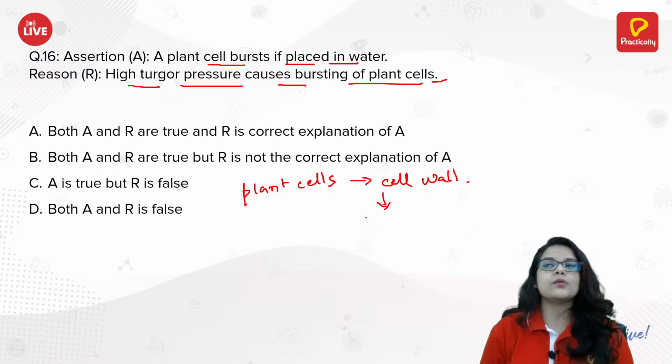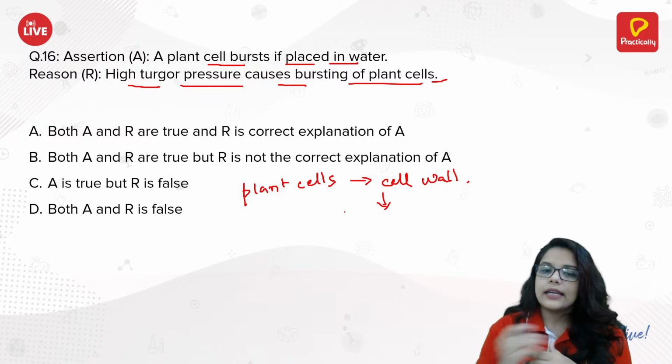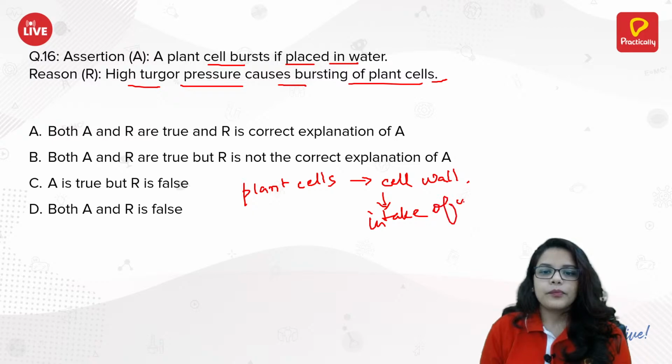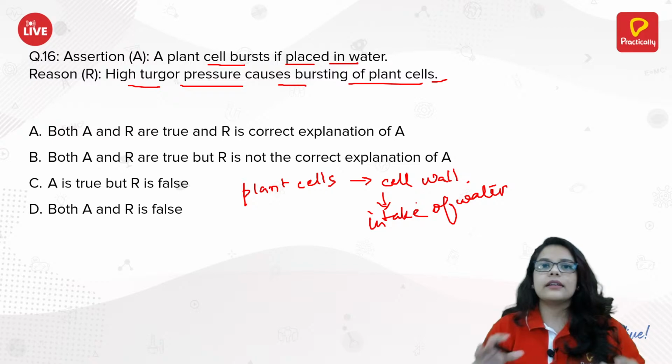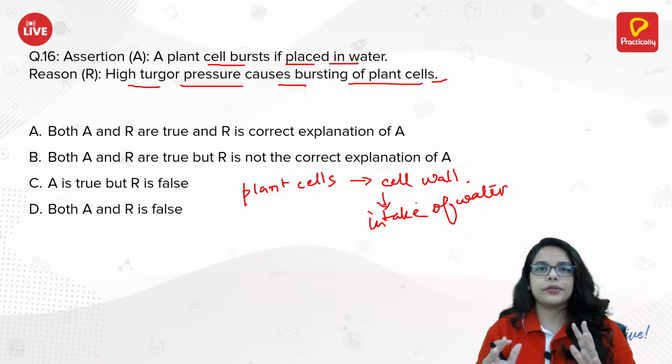It will do things which our normal cell cannot do. So the cell wall takes in water. There is intake of water, but up to a point only, it will take water till the plant cell can hold it.